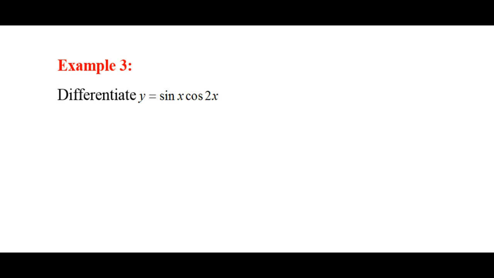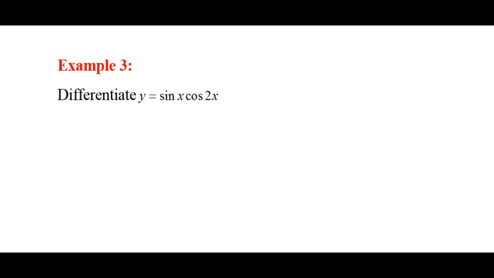Example number 3. At any point in time, you can try your hand by pausing the video, solve it yourself, and check the answer as I work out with you. Now with this one, we are differentiating y is equal to sine x cos 2x. And here we need to apply the principles that we learned already.